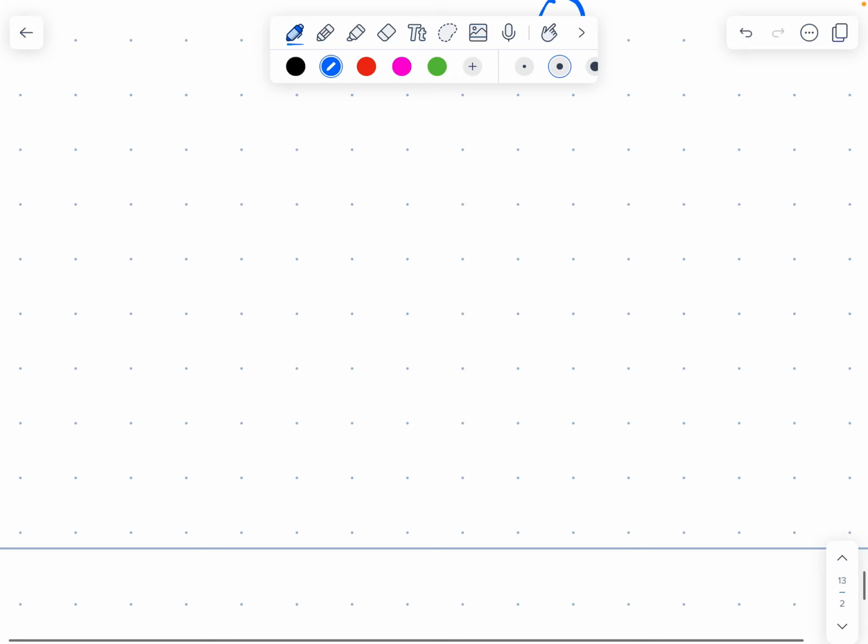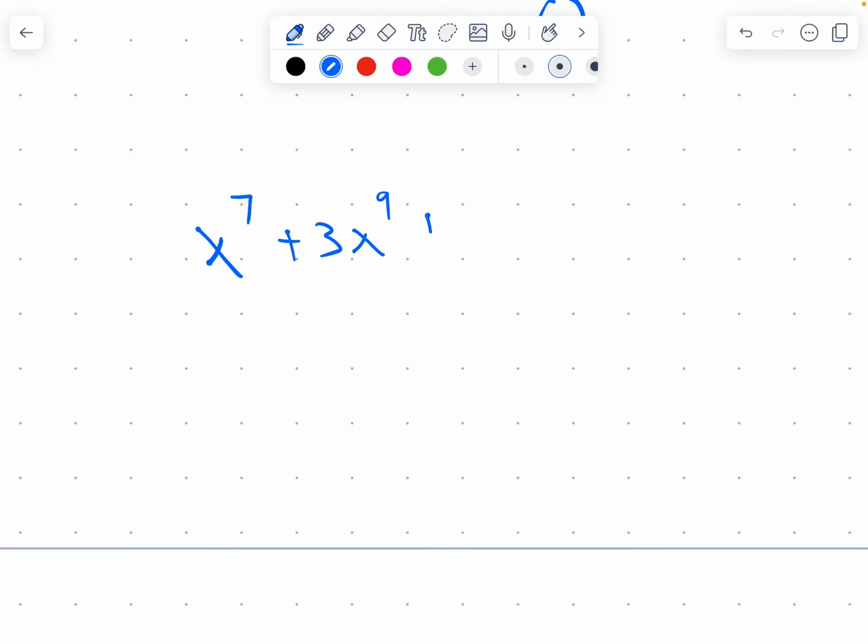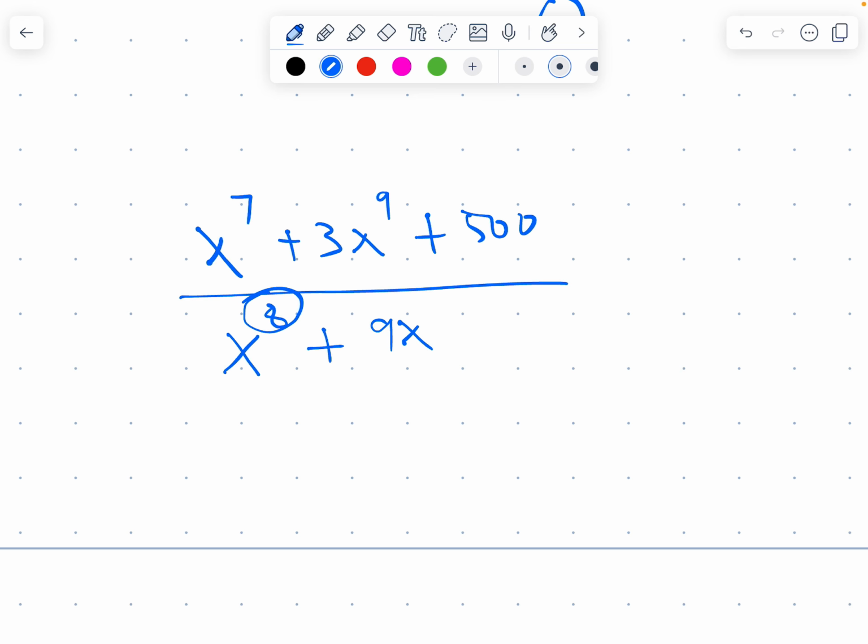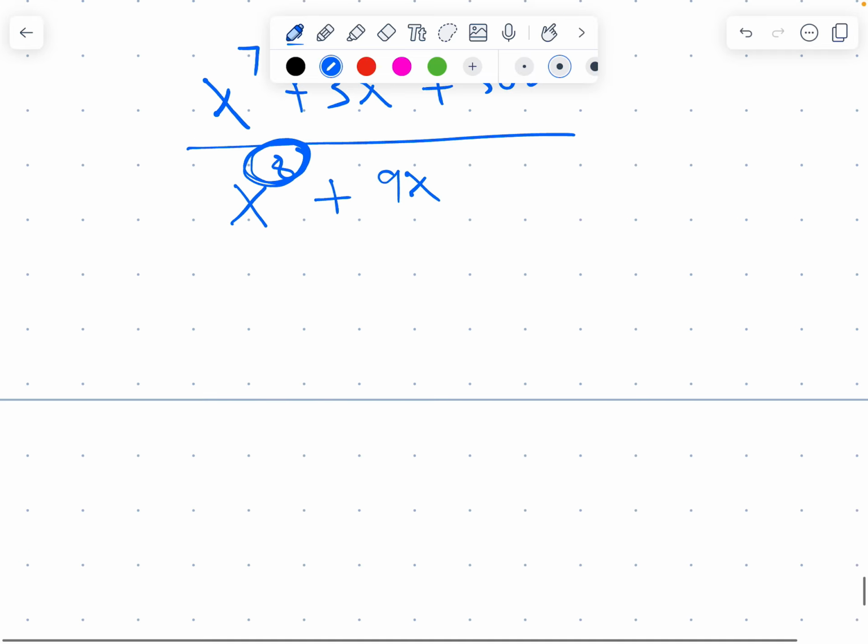So if you have some polynomial, like x to the 7th plus 3x to the 9th plus 500, and on the bottom you have x to the 8th plus 9x, then in the long run, this will dominate. And so the end behavior will look like this.